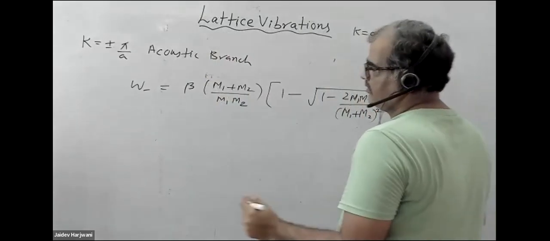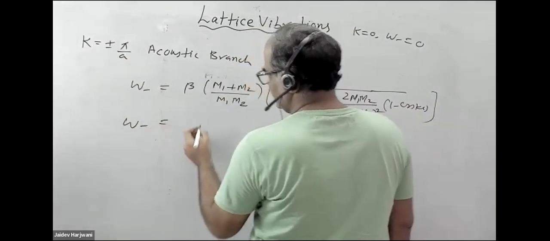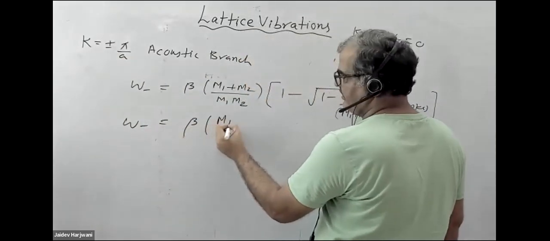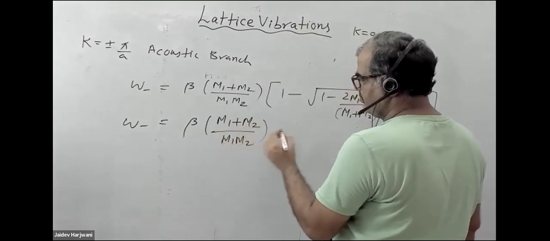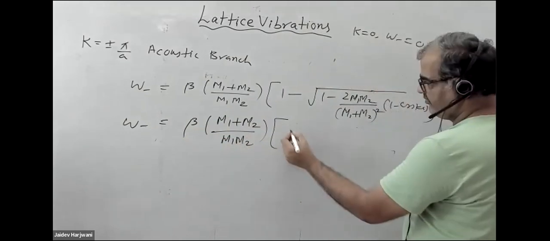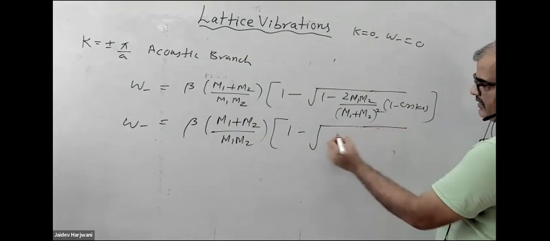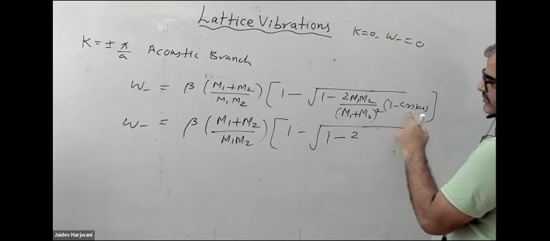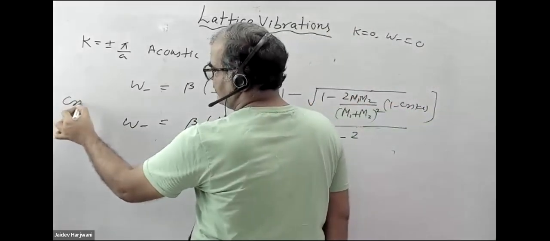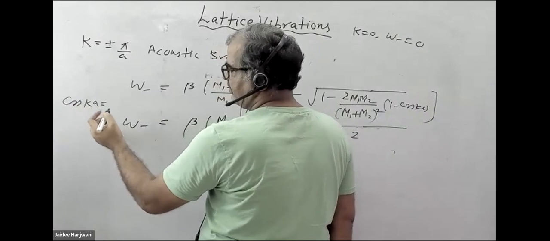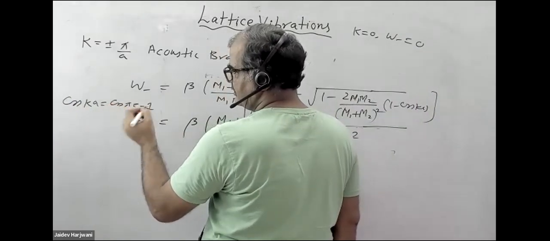Now if I write omega minus at k equals pi by a, this becomes beta (m1 plus m2) upon m1 m2, times 1 minus, this becomes cos ka. So cos ka will be cos pi, and cos pi is minus 1.